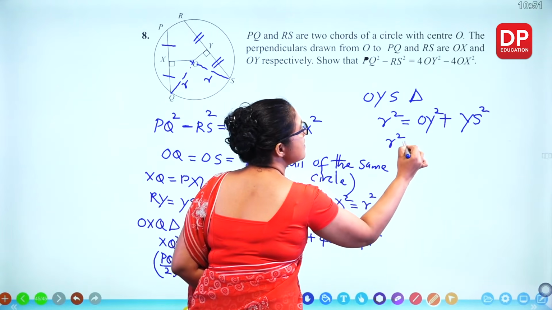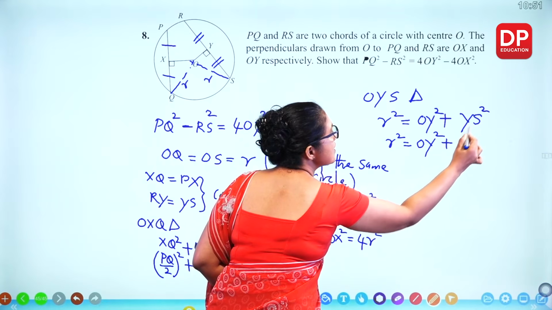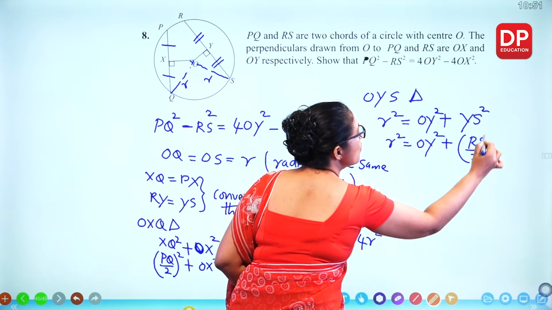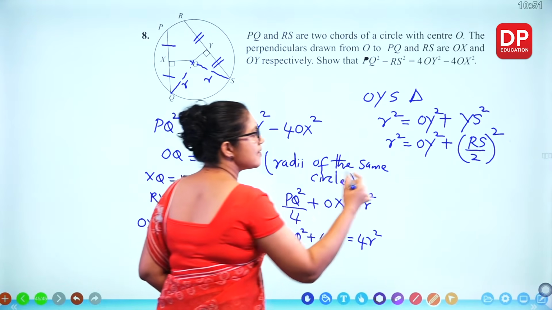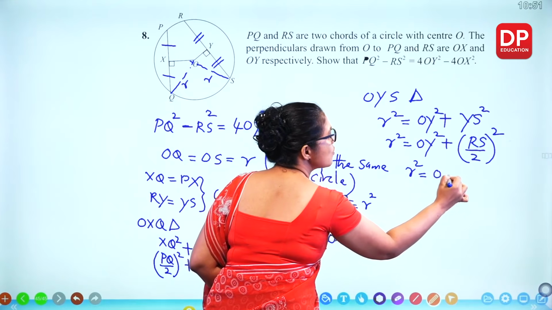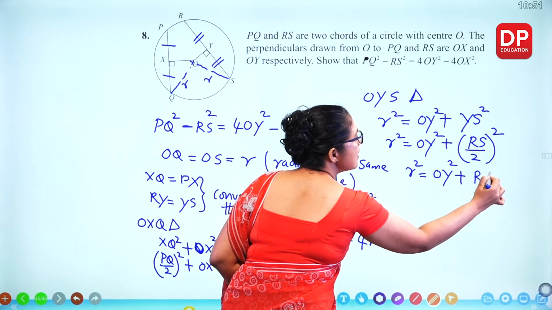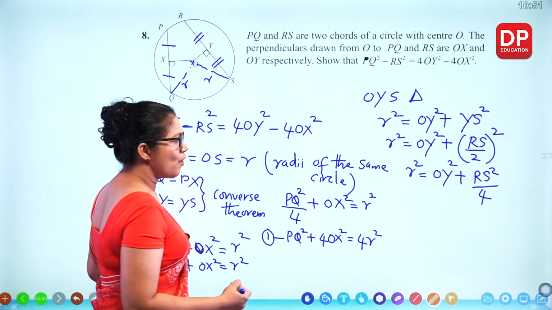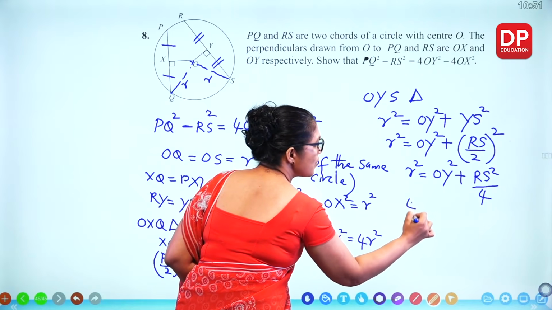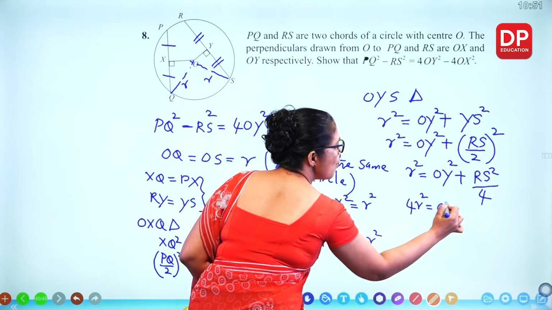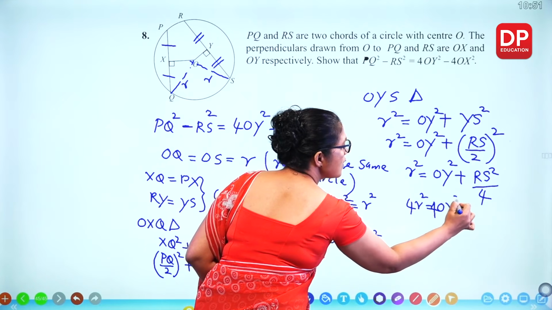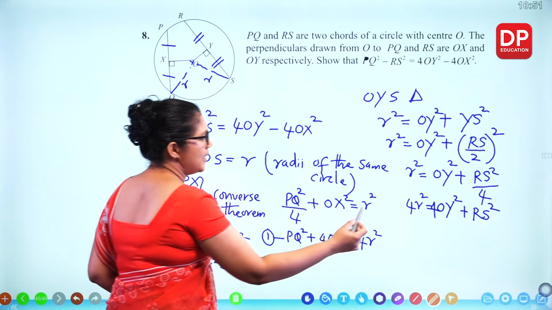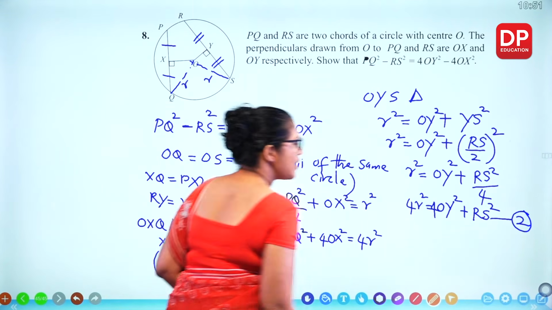Instead, YS is equal to RS divided by 2. Then simplify this. I get R squared is OY squared plus RS squared over 4. When you square 2, you get 4. Multiply everything by 4. You get 4R squared is equal to 4OY squared plus RS squared. Now, we'll take this one as the second equation.